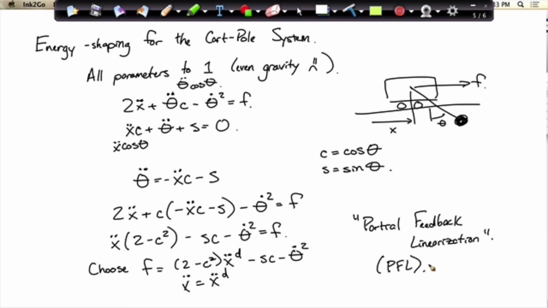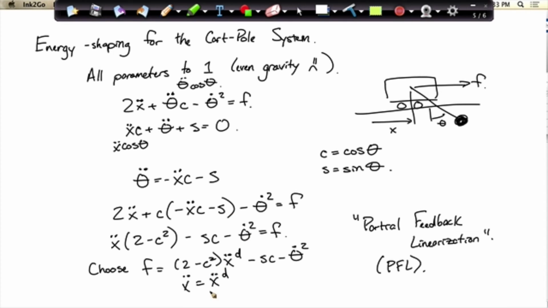PFL is the acronym of choice, okay? And it's still bad, you're still canceling the dynamics, okay? But it's going to be instructive to see how this plays out.